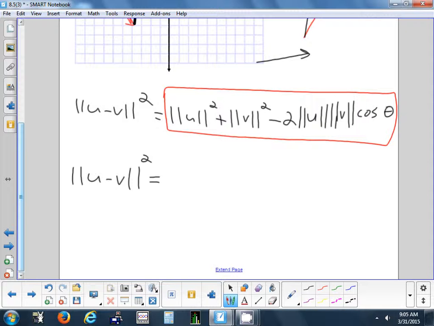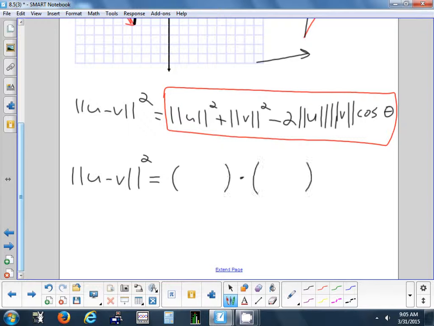Well, we were saying that V dot V is the same as the magnitude of V squared. And we were also saying that W dot W is the same as the magnitude of W squared. So couldn't you do the same thing?